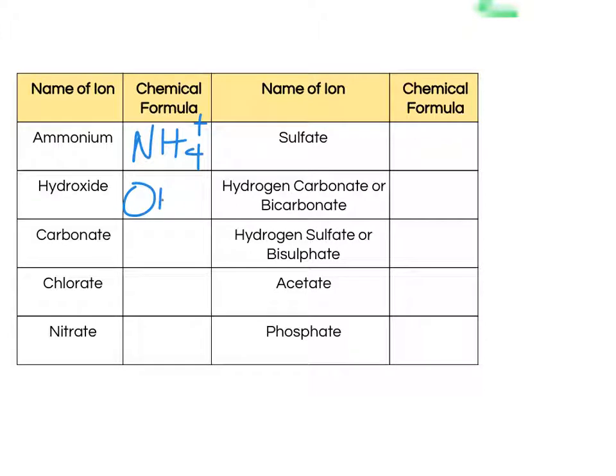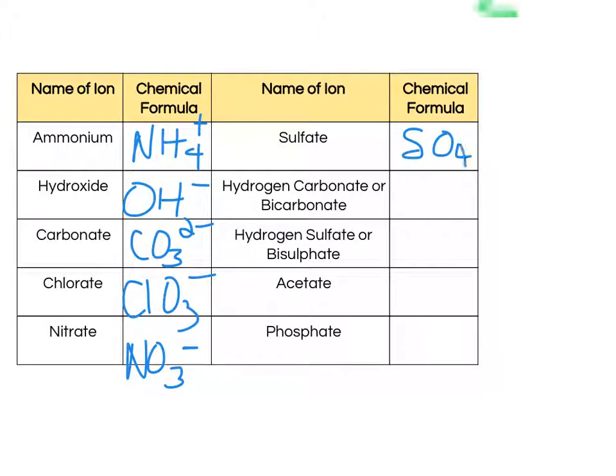Hydroxide is an OH with a -1 charge. Carbonate is CO3 with a 2 negative charge. Chlorate is ClO3 with a -1 charge. Nitrate is NO3 with a -1 charge. Sulfate is SO4 with a 2 negative charge.